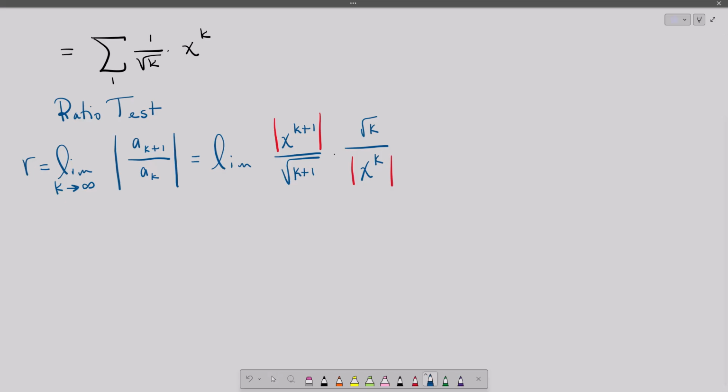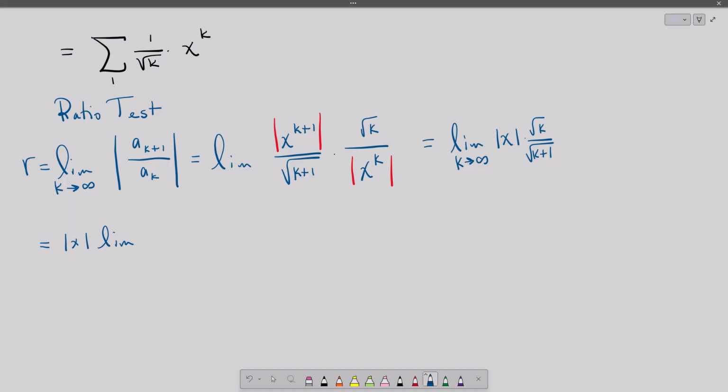All right, let's simplify a little bit. So we have limit. There's one extra x up top. So we're going to end up with an absolute value of x. And then we've got the square root part here. And this limit is as k goes to infinity. The x can come to the front because there's no k in it.